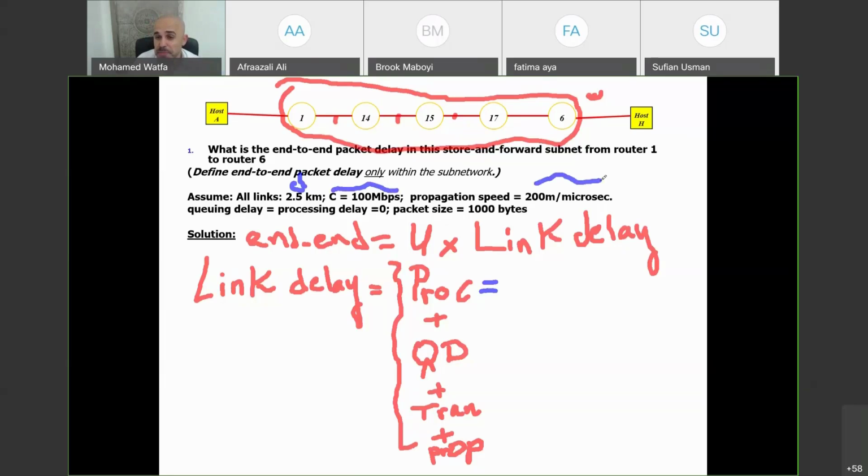Propagation speed is 200 meter per microsecond. Queuing delay and processing delay in this question were 0. They made our life easy. Good for us, 0. But they don't have to be 0 in an exam. We're going to do other examples when they're not 0. It's not a big deal. If they're not 0, we put them and find the answer. The queuing delay, again, is 0.